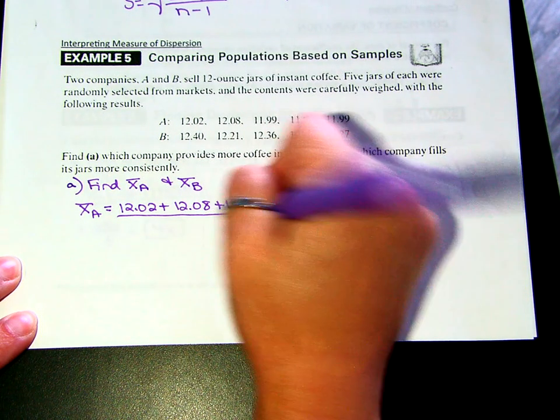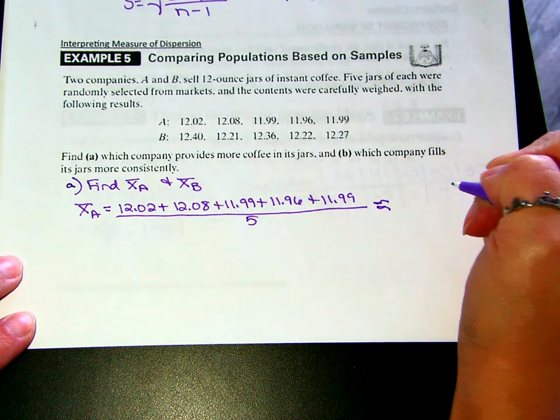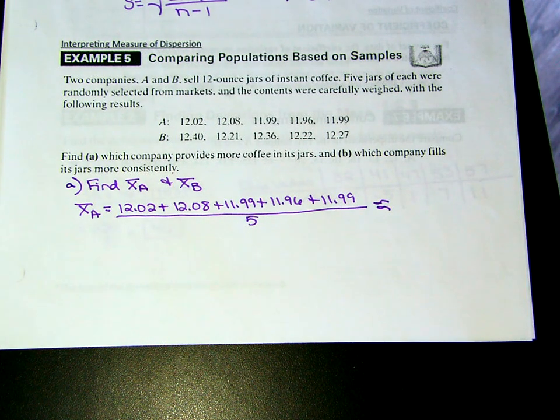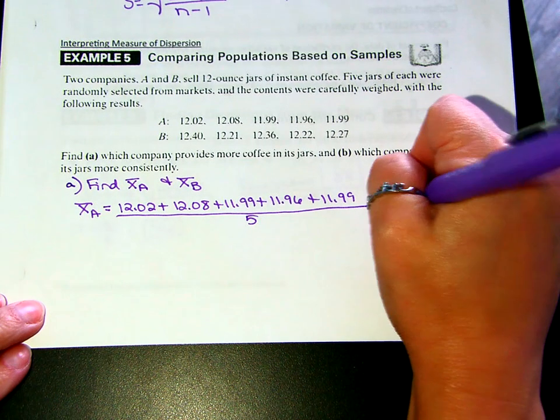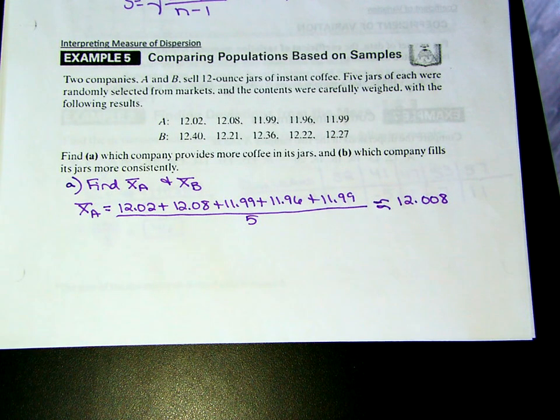And we're going to round to, it looks like, 3 decimal places. And then we're going to do the same thing for B.